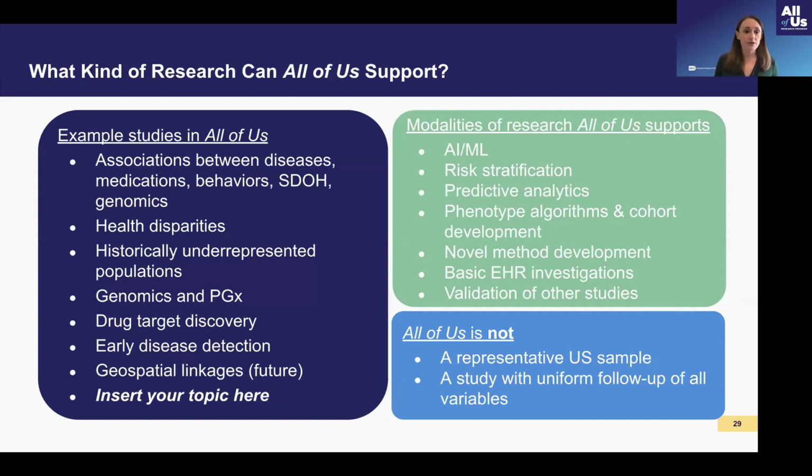Of course, many genomics and pharmacogenomics studies, as well as drug targets and things like that. You can think of anything. Some of the things that our Researcher Workbench can support include artificial intelligence and machine learning, risk stratification, some different algorithms and cohort development.